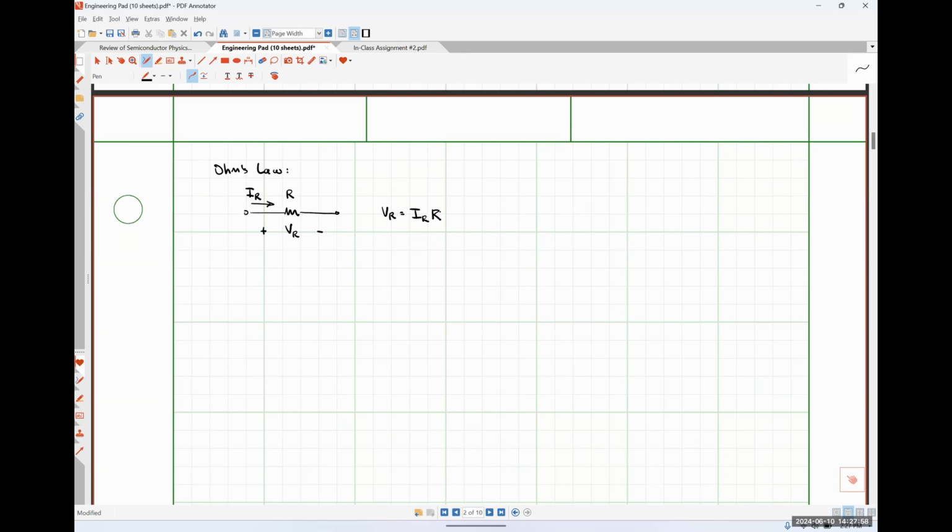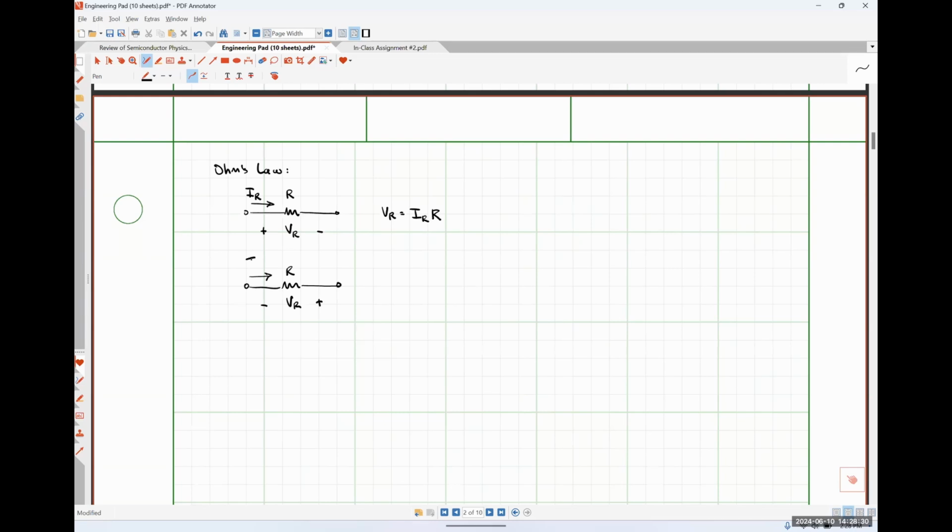Now, I'm going to throw a little hiccup into things here. I'm going to draw a second resistor. And in this case, I'm going to put the negative polarity terminal on the left and the positive polarity terminal on the right.